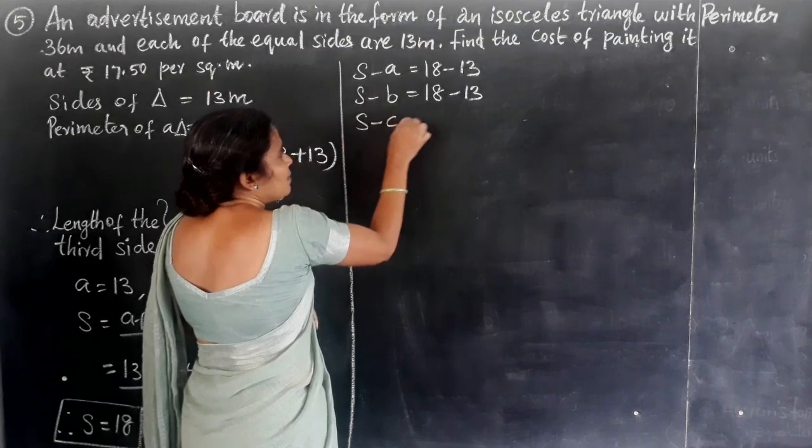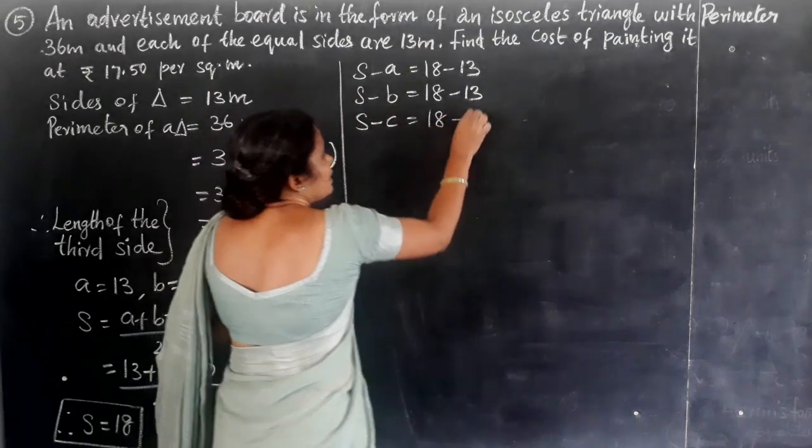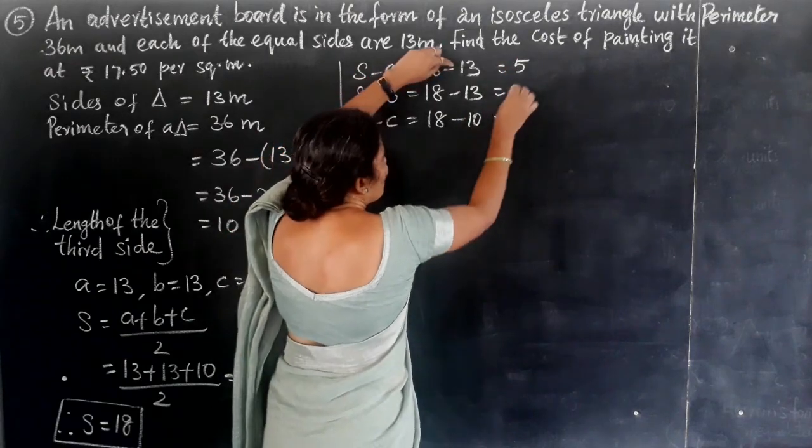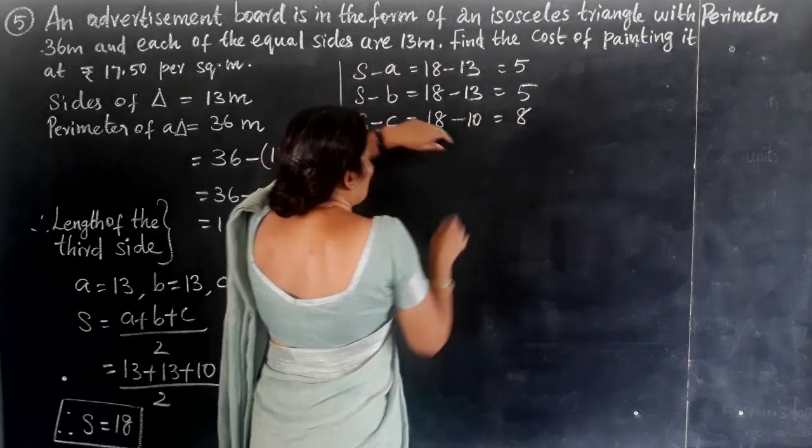And S minus C, 18 minus 10. Okay, now 5, 8.